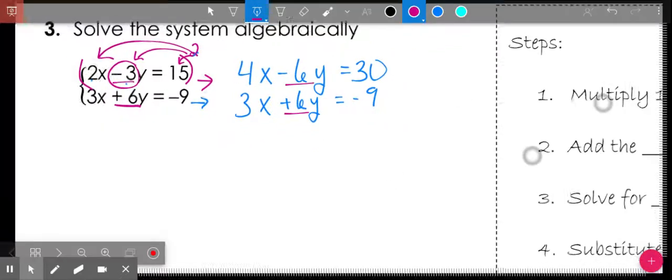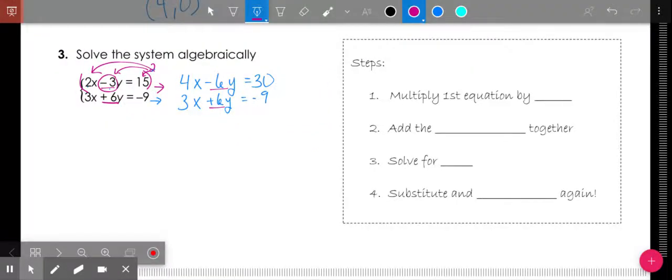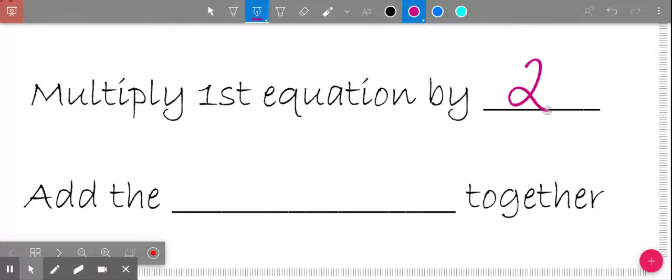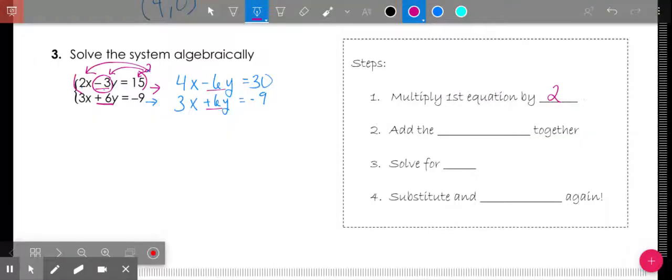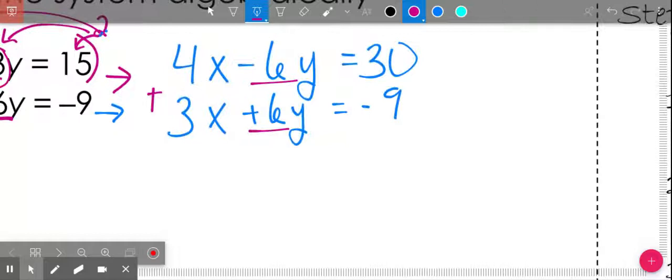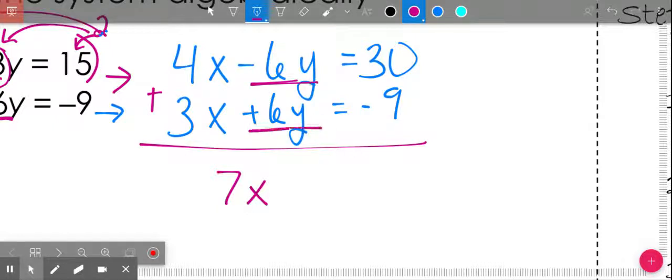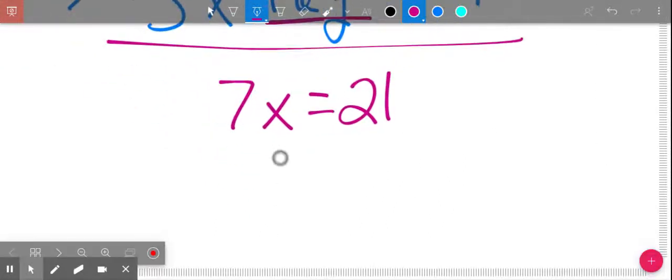So what did we do in the first step? We multiplied the first equation by 2. So now we're going to add everything together. 4x plus 3x gives me 7x. Negative 6 and 6 cancel out, which is awesome. And then 30 minus 9, or plus a negative 9, gives me 21. Divide out the 7s.